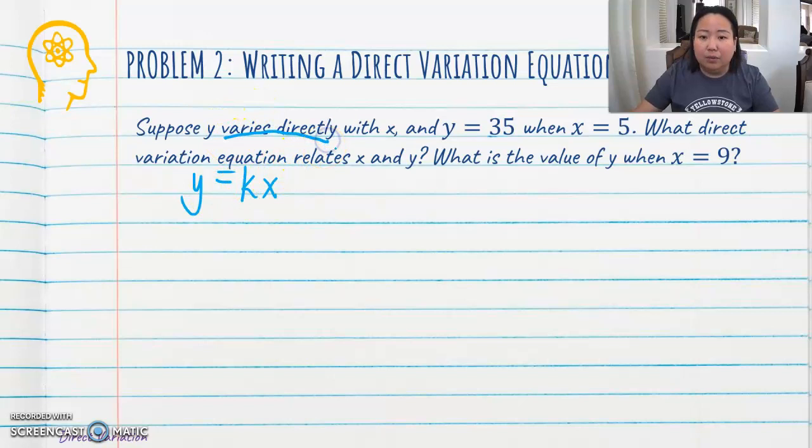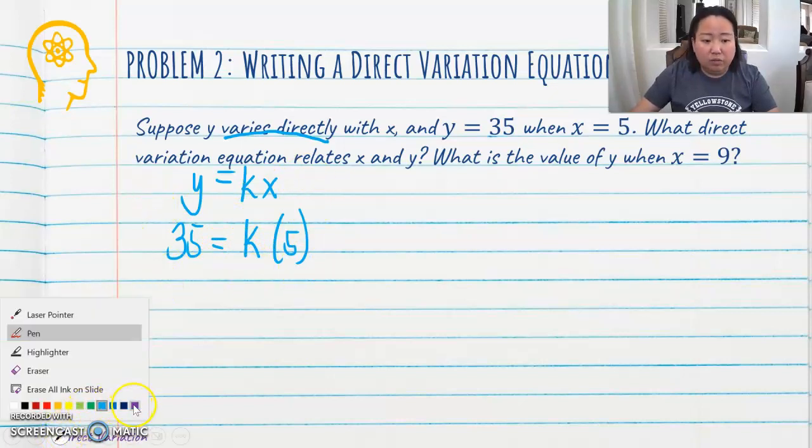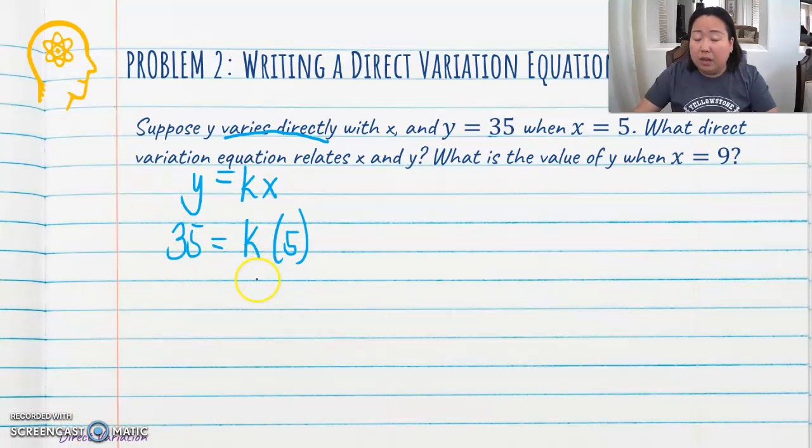And y is 35 when x is 5, all right? So if y is 35 and x is 5, then we know that we have a constant of variation, okay?